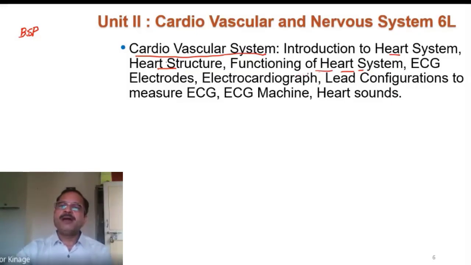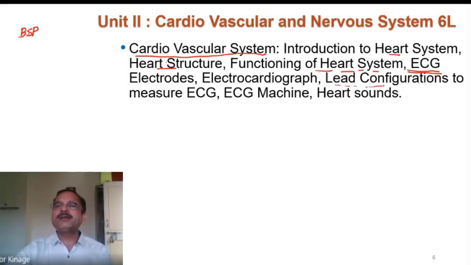done by the heart, and the electrical signals generated by the heart, how the electric signals are generated, and what are the corresponding graphs for that. We call it ECG, electrocardiograph, the electrical signals generated by heart muscles. Now, what are the lead configurations to measure ECG?